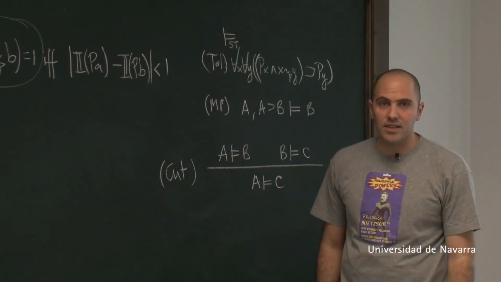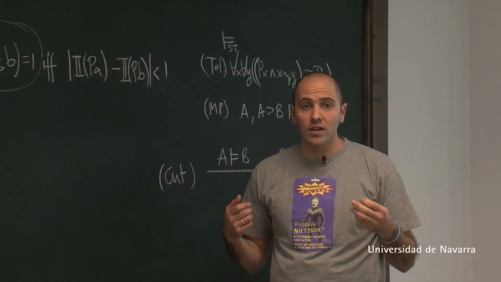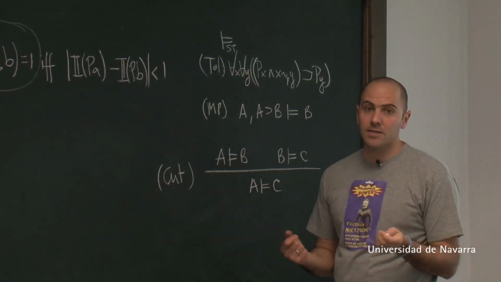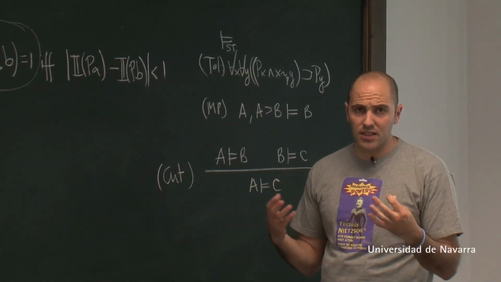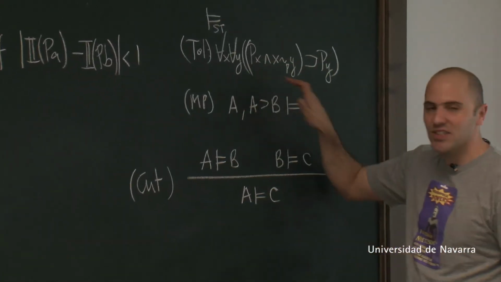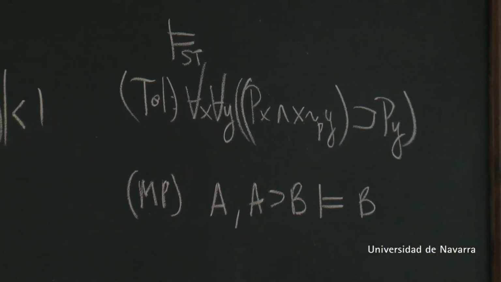This way we address what in a previous video I called the psychological question. So we explain why vague predicates seem to be tolerant. Well, because they are tolerant. So you can use this principle in your inferences.